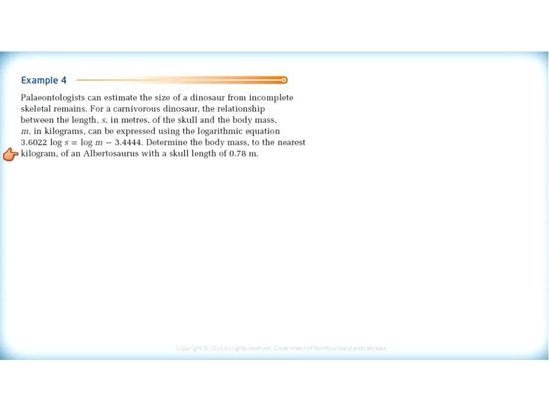Once again, we will use the given equation, and we have to understand what the variables represent. So we have 3.6022 times the log of S, and S represents the length of the skull, is equal to the log of M, where M represents the mass in kilograms, minus 3.4444.